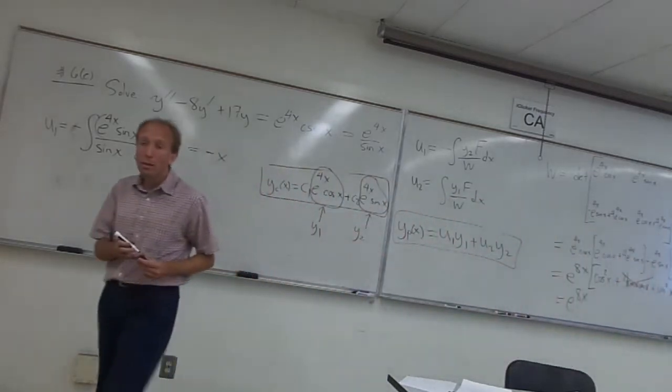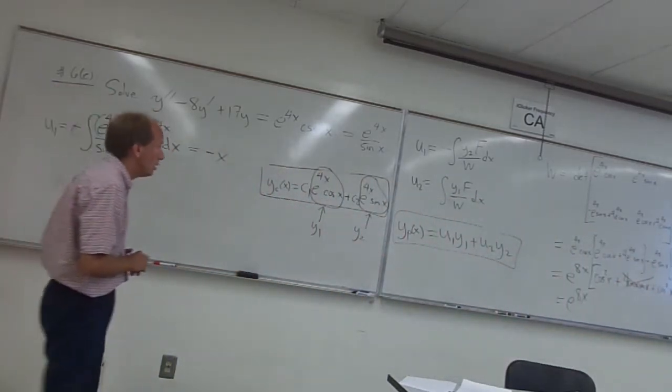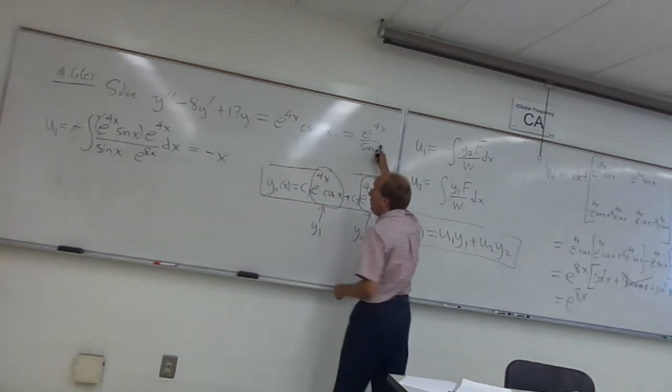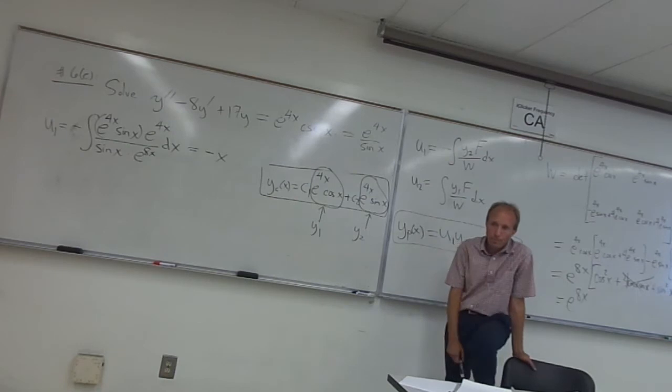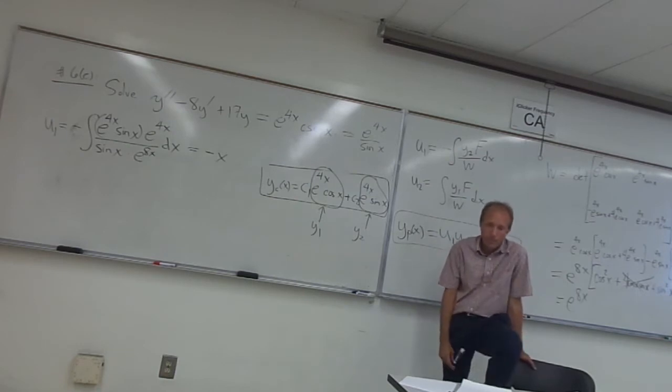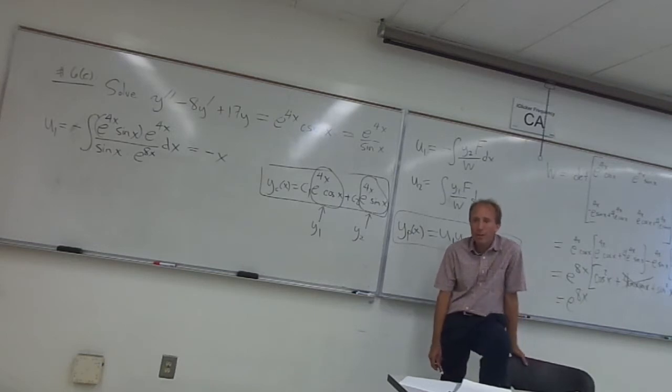Yeah? Quick question. I know you changed it to e to the 4x over sine x. I used to know all the trig names, but I don't anymore. So on the test, are we going to be expected to know the trig identities? You probably should know. If you came up and asked me during the test, I'd probably tell you, and give you a little smirk or something.